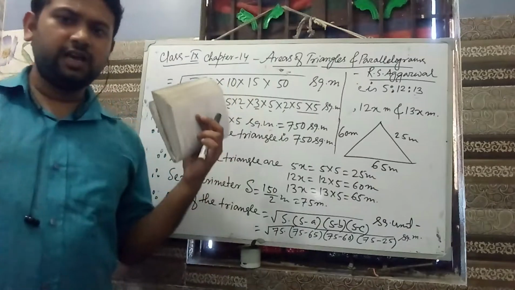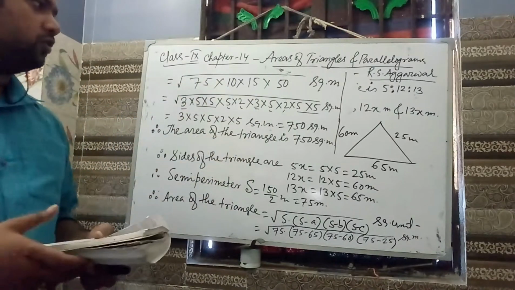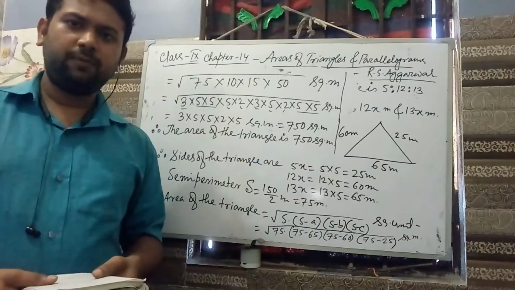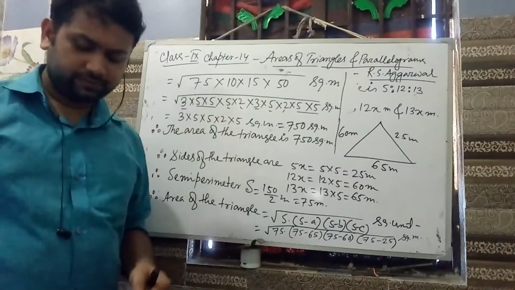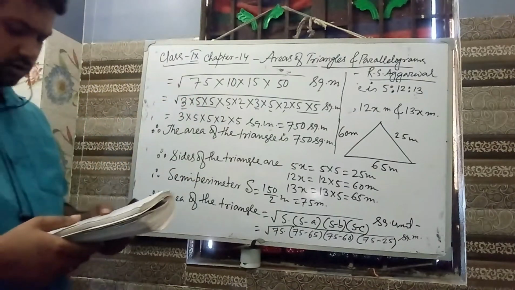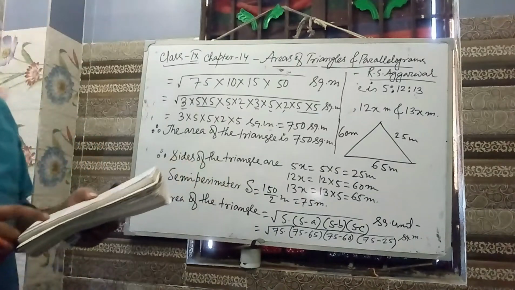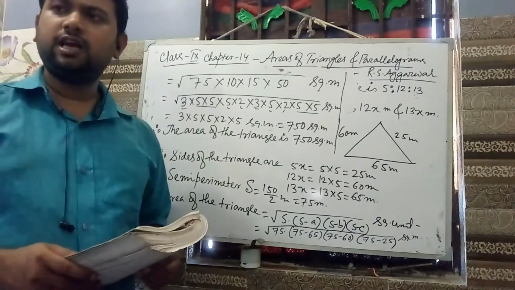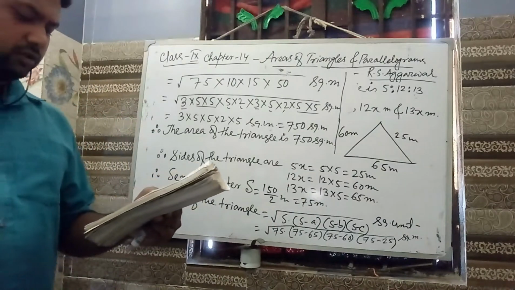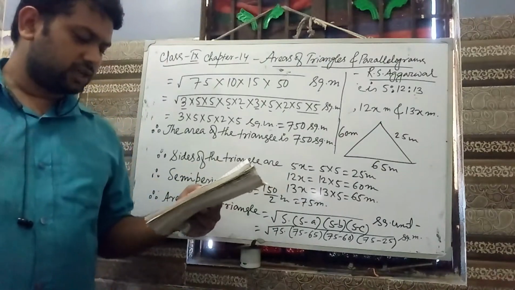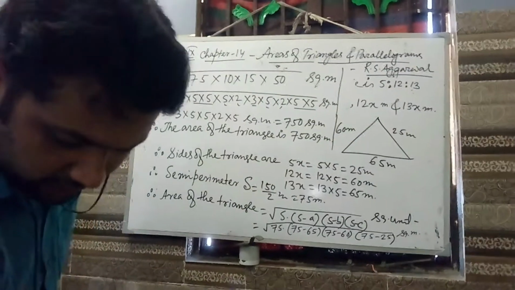For question number 9, we have to use the second formula which I wrote on the board just in the starting of the class. So we have to use the formula to find out the area of this isosceles triangle. Try it, everyone.